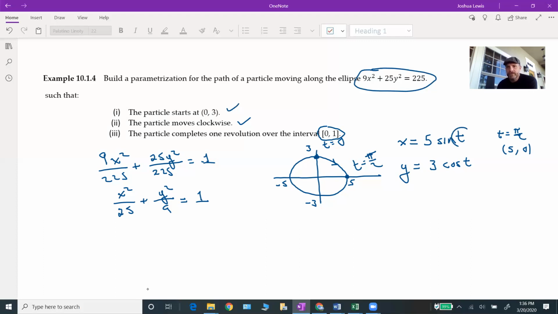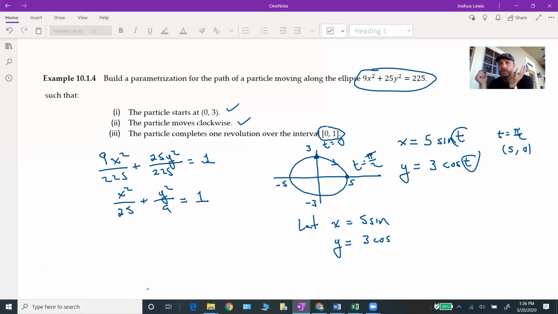So let's mess with these arguments, right? So let's let x be 5 sine something t, and let's let y be 3 cosine something t. Well, what should we use? We know that cosine and sine, right?